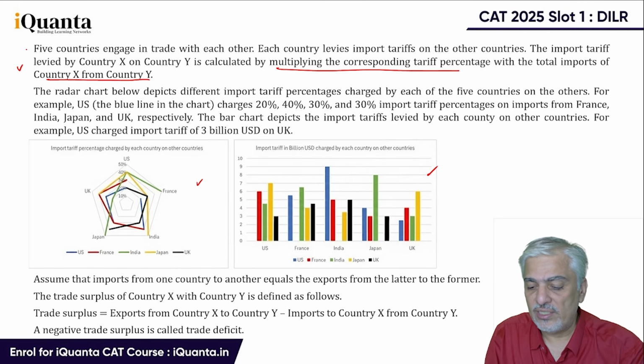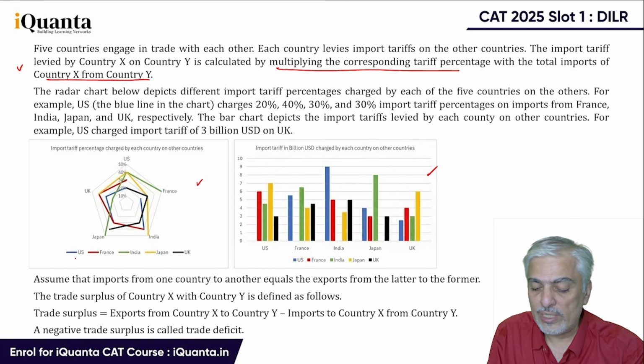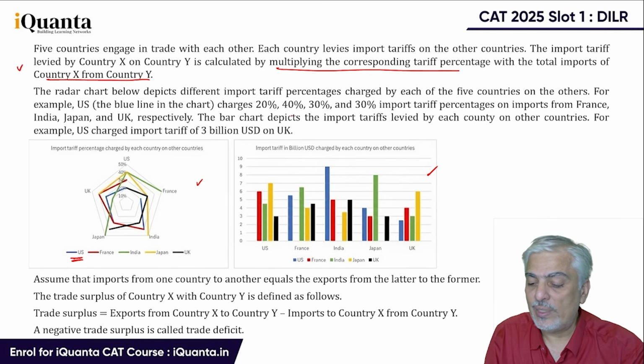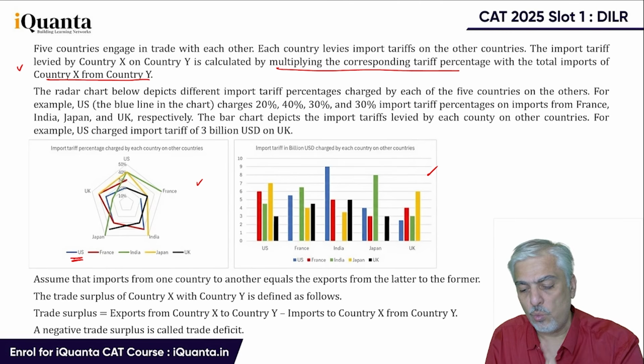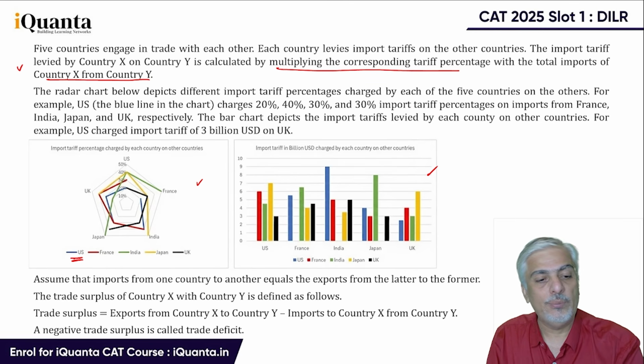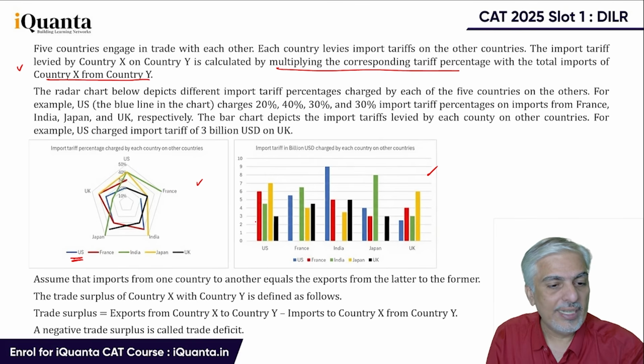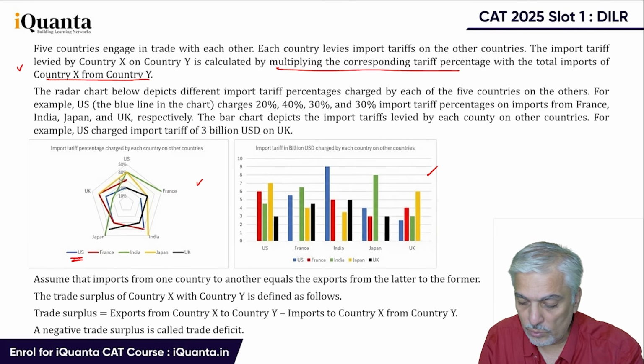The radar chart below depicts different import percentages charged by each of the 5 countries on the others. For example, the US with the blue line charges 20, 40, 30 and 30 import tariff percentage on France, India, Japan and UK. Let's just check one graph properly. So we're going to check the blue line. The blue line over here, that is India, is at 40%.